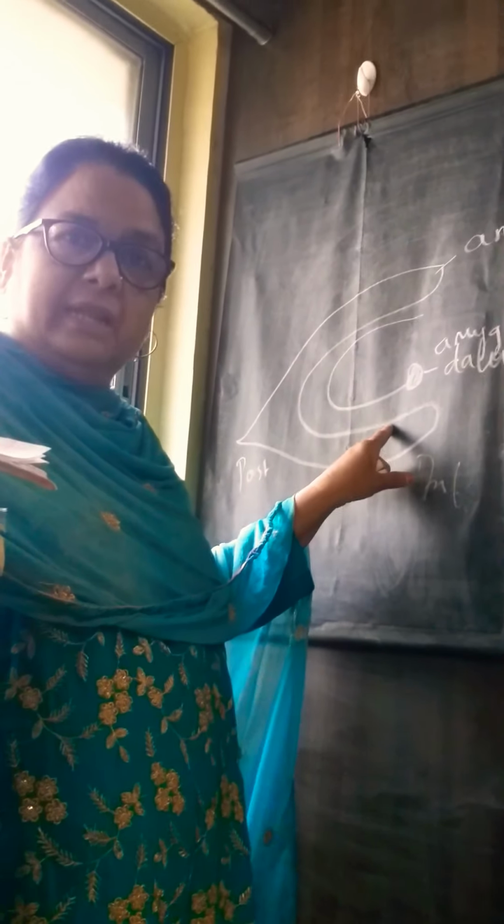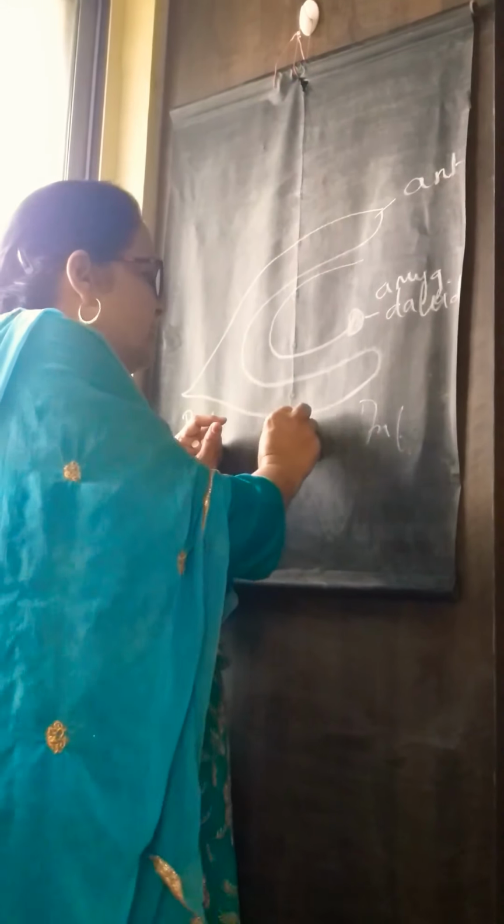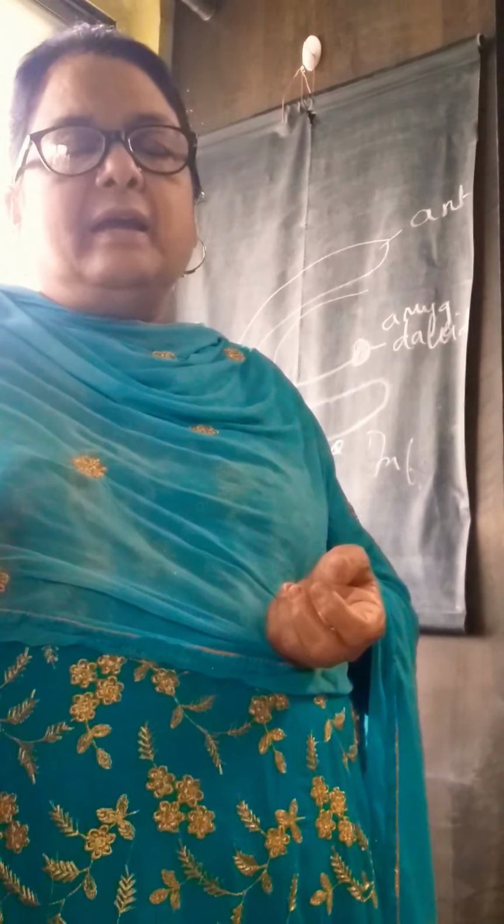Functionally, it is related to the stria terminalis. While teaching you about the lateral ventricle, the inferior aspect of the lateral ventricle is related to the stria terminalis and the thalamostriate vein, if you remember.